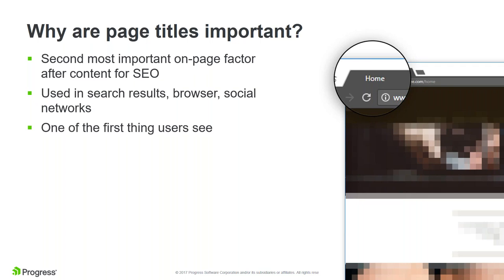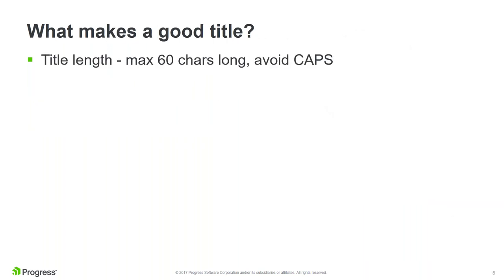So what makes up a good title tag? Well, the first one is title length. If your title is too long, search engines may cut it off and add an ellipsis at the end, and it could end up not displaying the important words that may lead to attracting your visitors. So keeping your titles concise is the best rule of thumb. Sometimes a good title that reflects the content, though, will be a little bit longer.